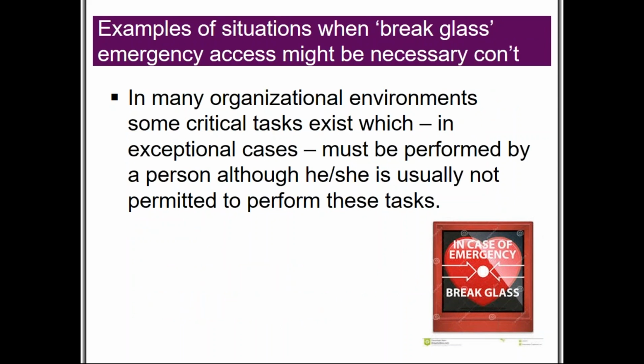So, as I was saying, in a lot of organizational environments, some critical tasks exist which, in exceptional cases, which is what we're talking about, have to be performed by a person, although that person is usually not permitted to perform those tasks on a usual basis, right? I told you I was going to give you an example.